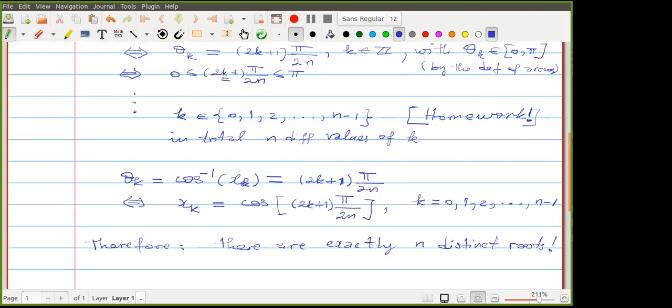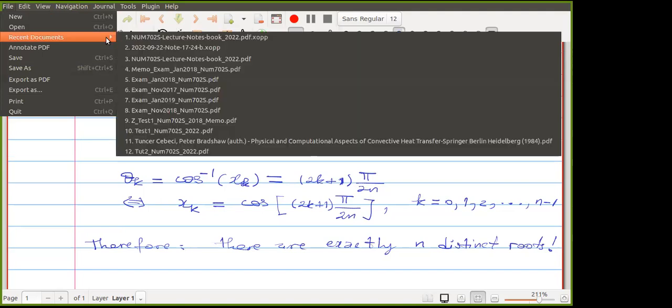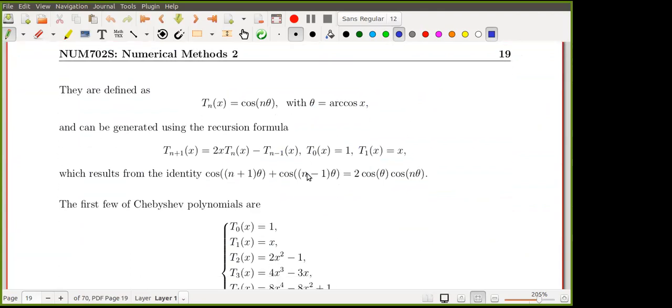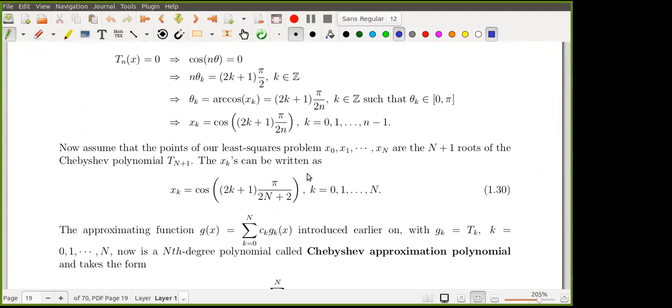And that's what we wanted to prove. So this ends the proof. Okay, so we are done. We have exactly n distinct roots.